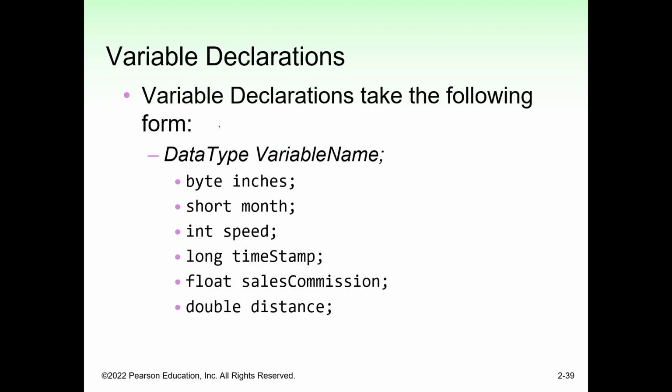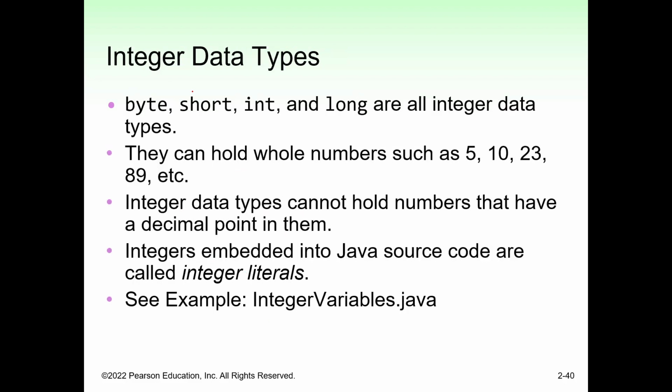So this is how you would declare your variables. It's all the same thing: data type, your name, and a semicolon. You can see here data type, variable name, semicolon. These are all our data types that we just covered, and these are just the names that the user created by themselves. Now, byte, short, int, and long are all integer data types. So these cannot store a decimal number.